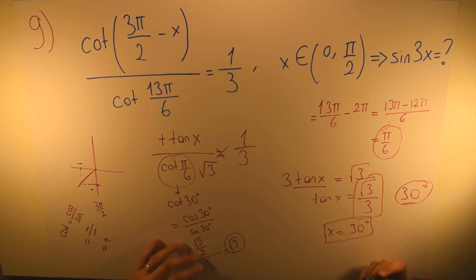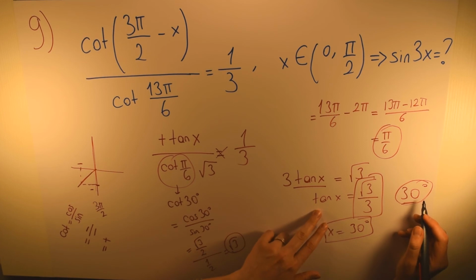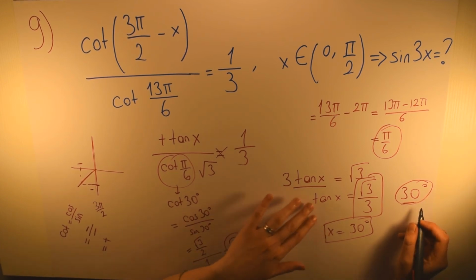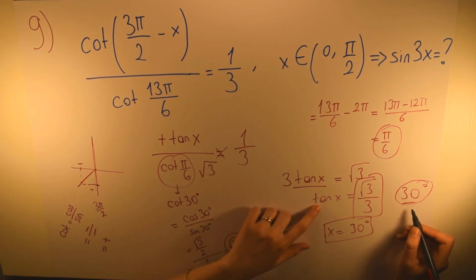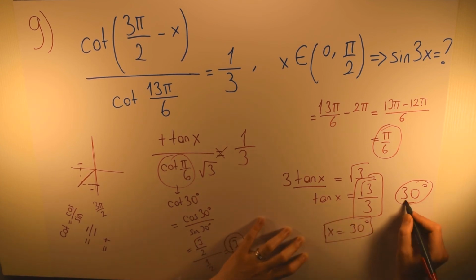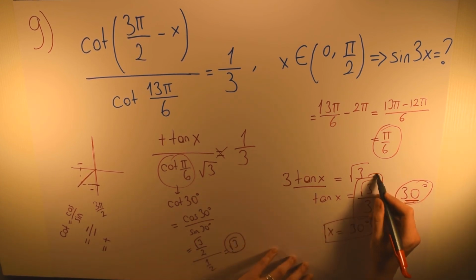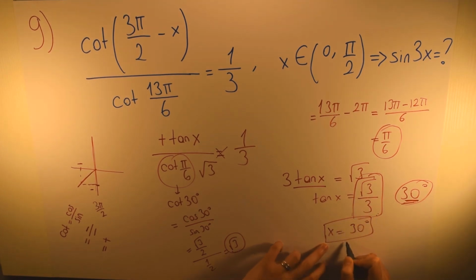You also should know these values like cotangent 30 degrees, tangent 30 degrees, cotangent 60, tangent 60, because as many questions as you solve, you will be able to remember these values. So it will not be a problem for you. Now I know that x is equal to 30 degrees.